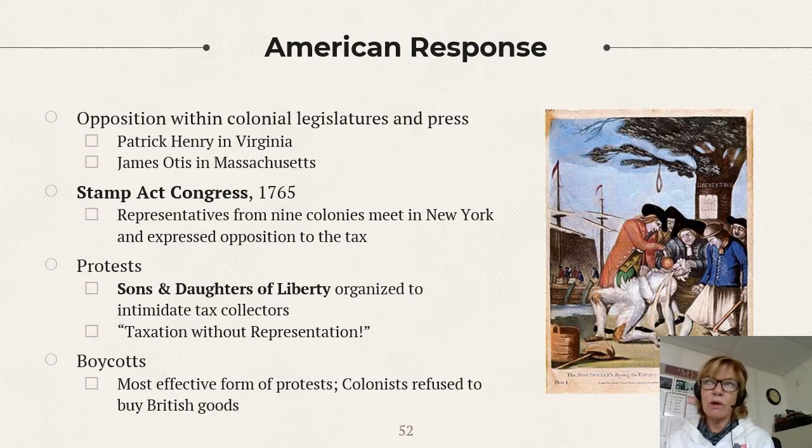At this point in time, England was producing cloth and the colonists were buying it. But what they started to do is get homespun. Women started to make their own cloth. They would get sewing bees and everything else to not buy British goods. So this was really hurting British merchants. So this was quite successful.